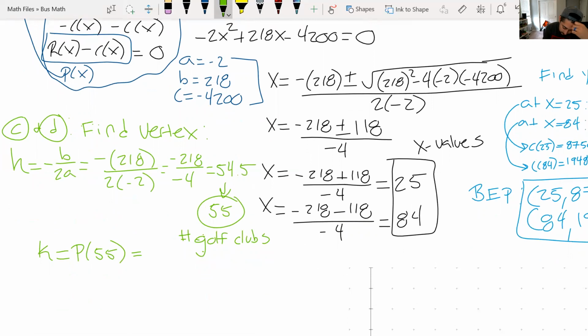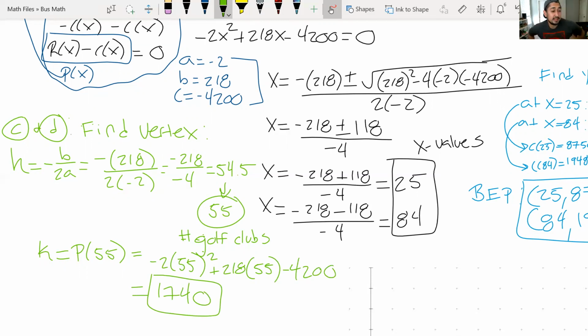Okay. Negative 2 times 55 squared plus 218 times 55 minus 4,200 gives me 1,740.